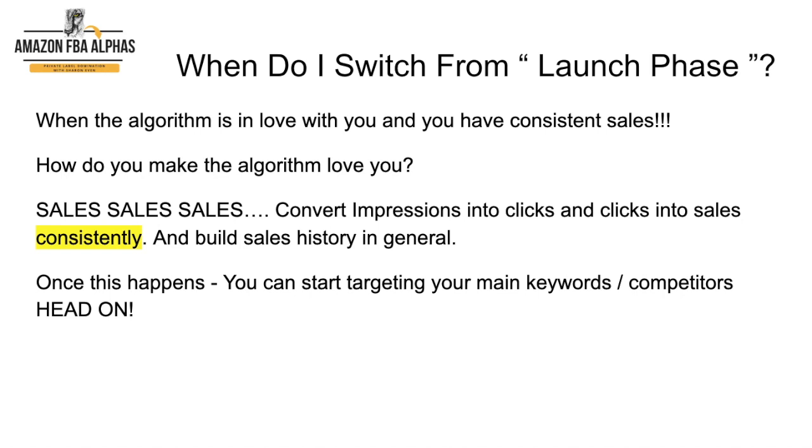Sales, sales, sales. Convert impressions into clicks and then clicks into sales and do that consistently and the algorithm will love you and do whatever you want. Not really, not anything you want, but it will do wonders for you. Build sales history in general. Once this happens, you can start targeting your main keywords and your competitors head on.